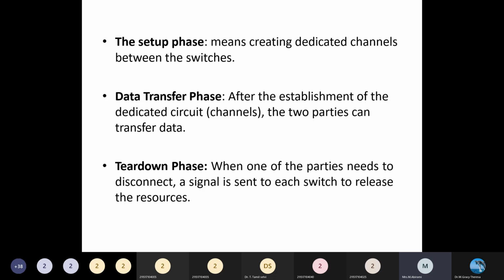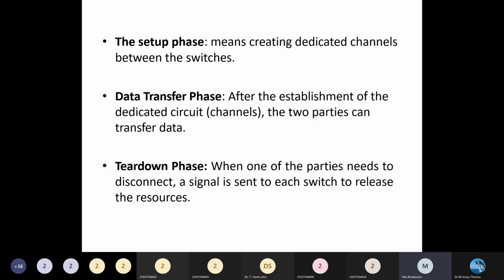In a circuit switched network, the best example is the telephone network system. First of all, we know how to decide the path and receive the data within a data rate.